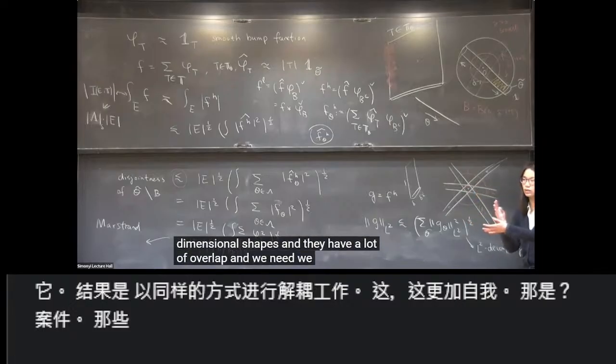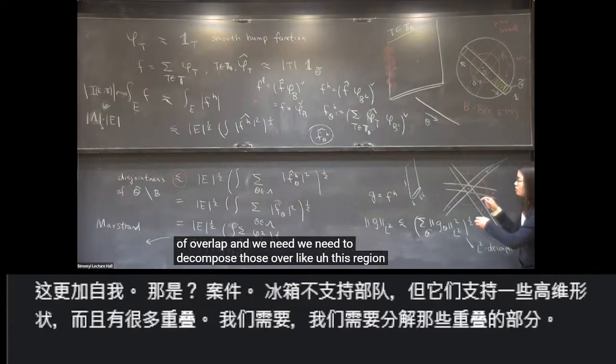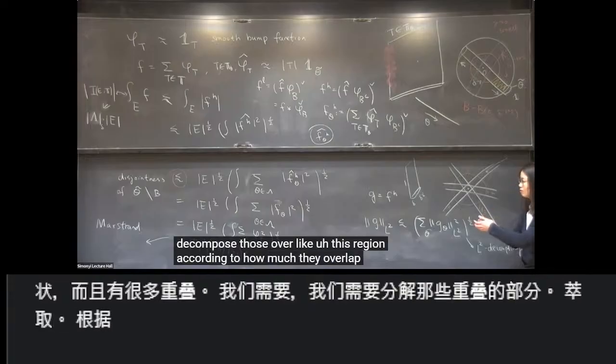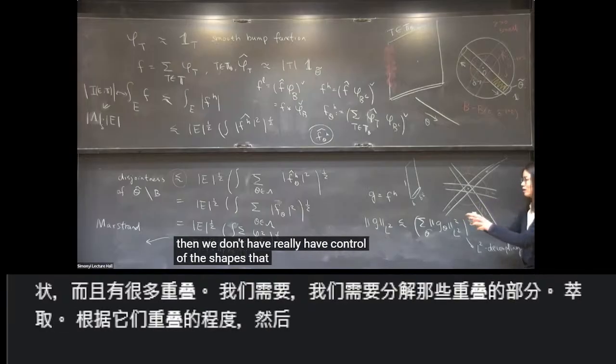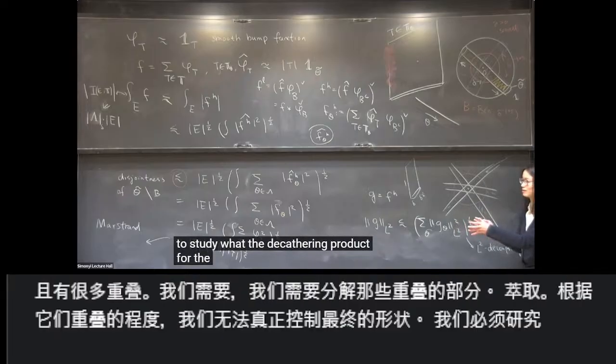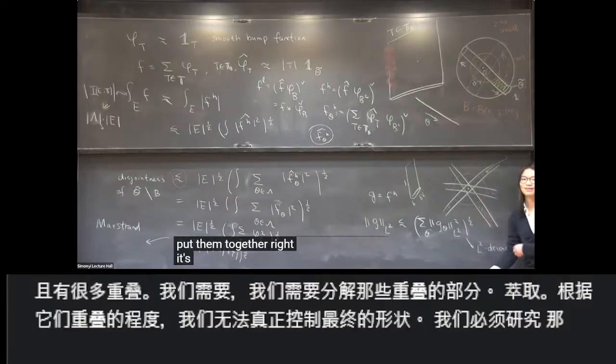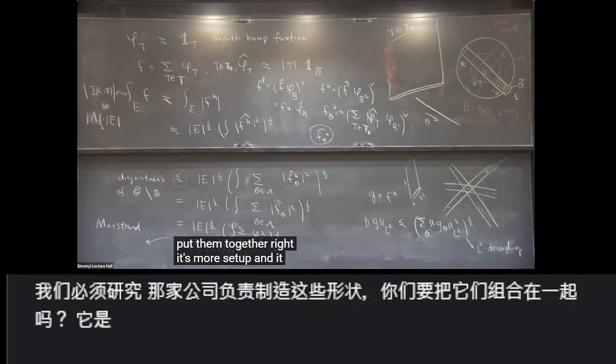We need to decompose this region according to how much they overlap, and then we don't really have control of the shapes that come out, and we have to study the decoupling inequality for the shapes that come out. We have to put them together. It's more subtle, and it took us a while to figure it out.